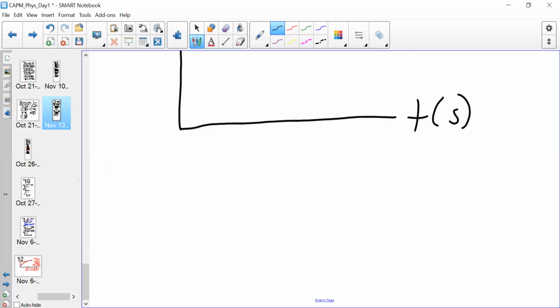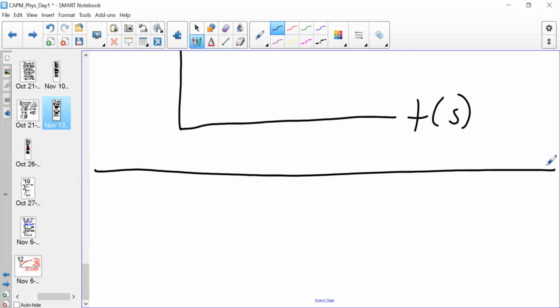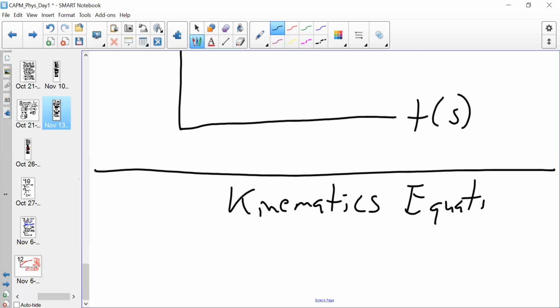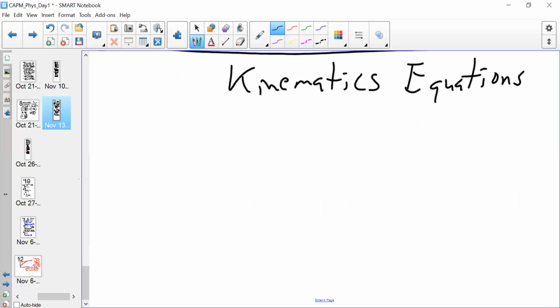All right, so let's talk about these kinematics or motion equations, and then we'll do some motion examples and our pickups and stuff. So you should have seen this equation in your section 2, some form of this guy.